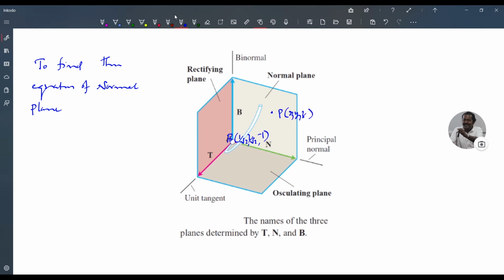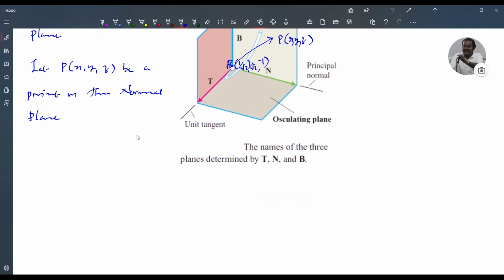Then P naught P is a vector orthogonal to T. We have T is orthogonal to the normal plane.